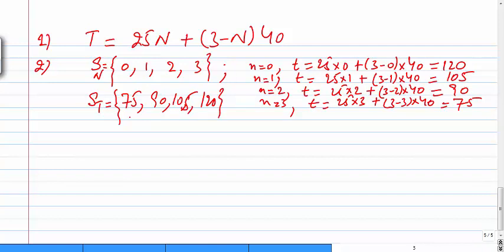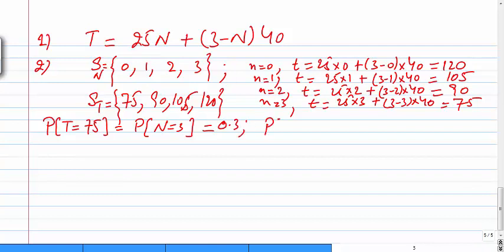Now the second thing is we have to look for the probabilities. For that case, we have to find the probability when capital T is equal to 75. This is equal to probability when capital N is equal to 3. So we have to look at the available relation, and that tells us that this is equal to 0.3.